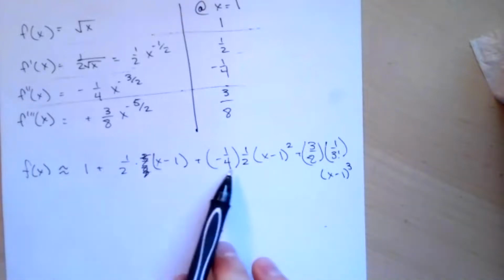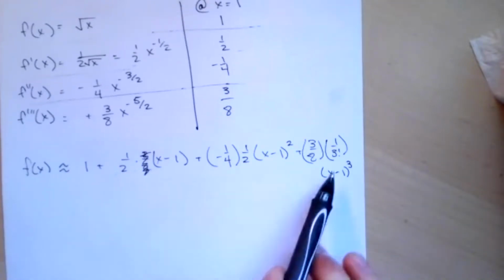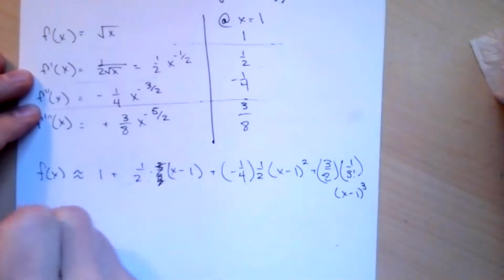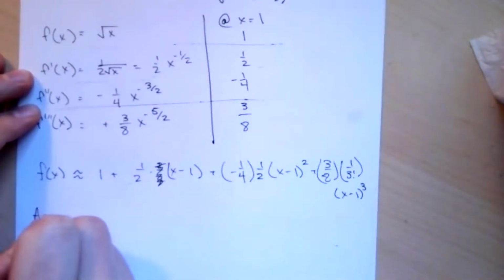So your coefficients times 1 over n factorial. That'll give us the Taylor polynomial. And now what do we want? We've got to use the remainder theorem to estimate the accuracy on a tight window.